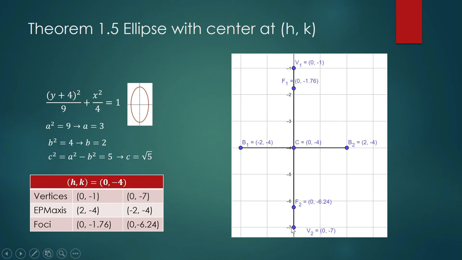How about the endpoints of your minor axis? We need b for that. Okay, so we add b horizontally to your center. If this is 0, 1, 2, we get (2, -4). We add the negative of b horizontally to locate the other endpoint of your minor axis, from 0, negative 1, negative 2.